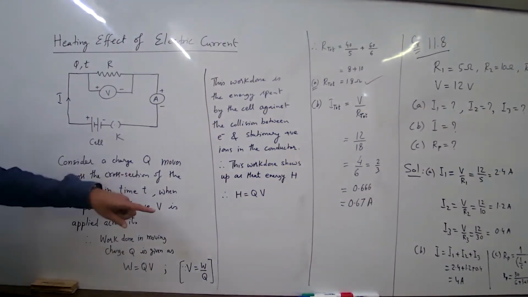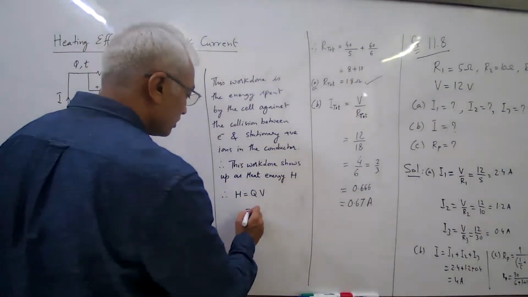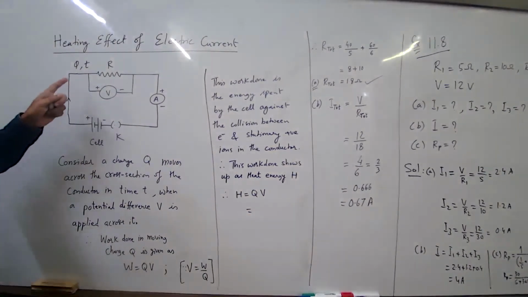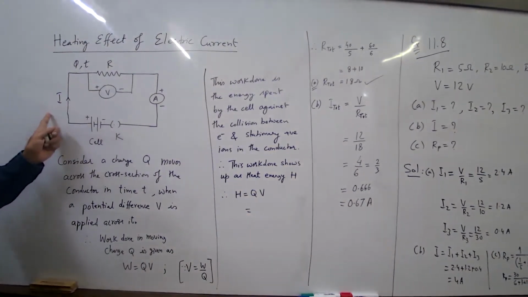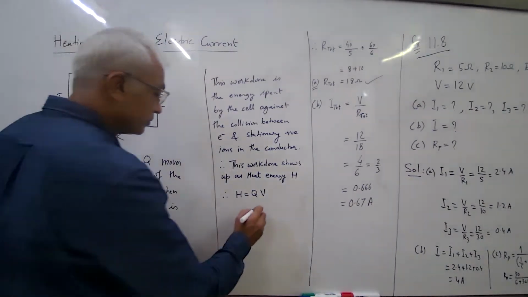This W itself becomes heat. Now, how can you write Q? Because Q is moving in time t, that becomes current.